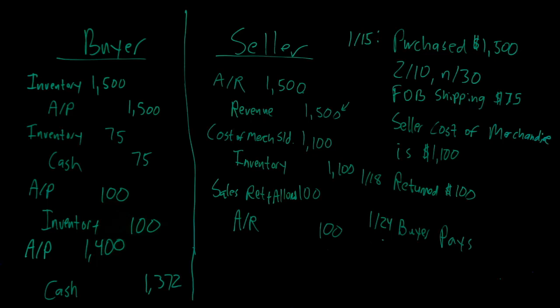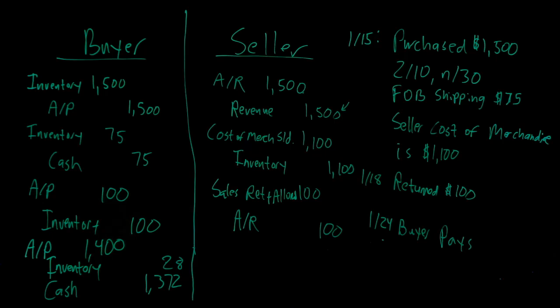But wait a minute, our journal entry doesn't work. Debits don't equal credits. So now we're going to credit inventory for the amount of the discount, which is $28. Because the value of the inventory they purchased was originally $1,500 minus a $100 return, $1,400. But now, because they took a discount, the inventory is valued at historical cost of $1,372, and that's what the inventory should be recorded at.